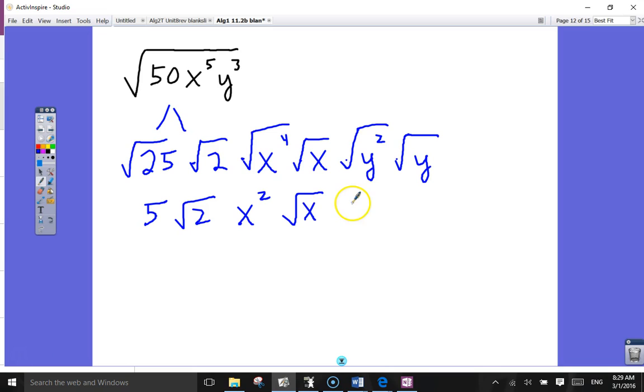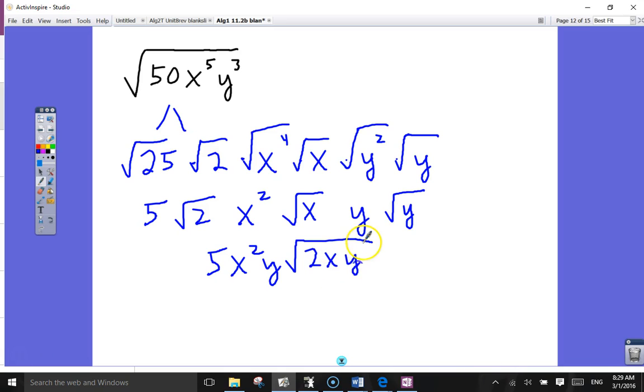The square root of y squared is y. And the square root of y, can't do it. Okay, so now put all the things that are outside the radical together in front of the radical. 5x squared y. And then put all the things that are inside radicals inside the same radical, 2xy.